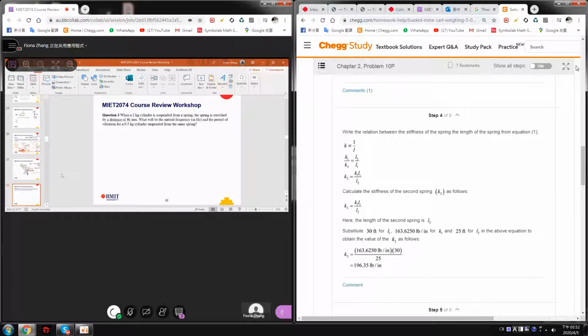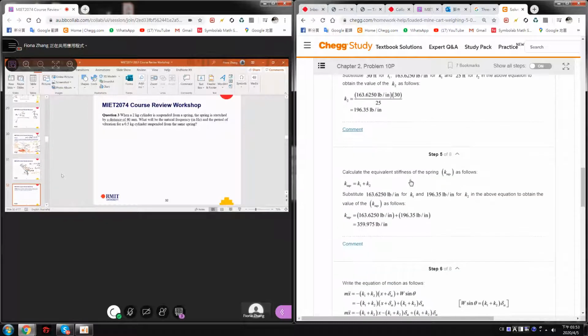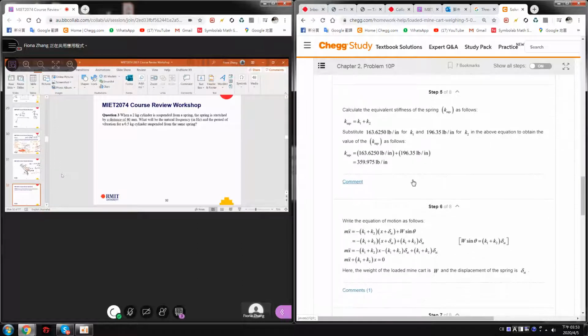Right. So this is involving some calculations here. So you can read the question first. When a 2-kilogram cylinder is suspended from a spring, the spring is stretched by a distance of 40 millimeter.